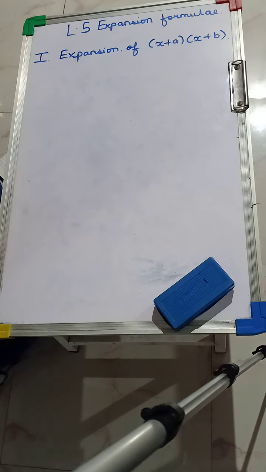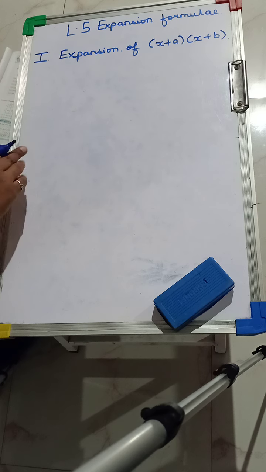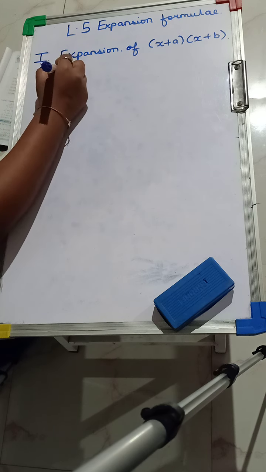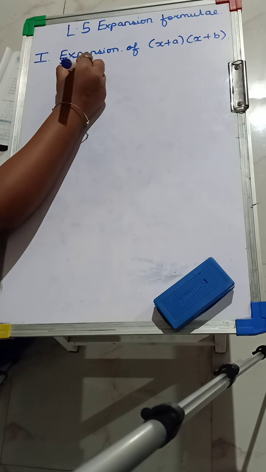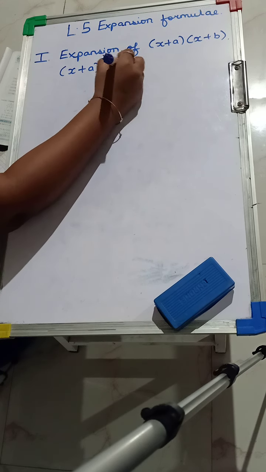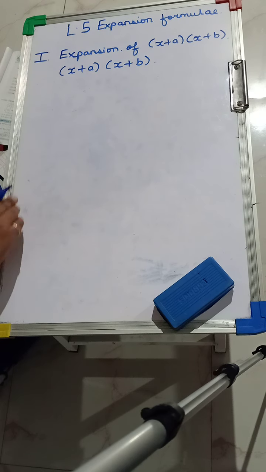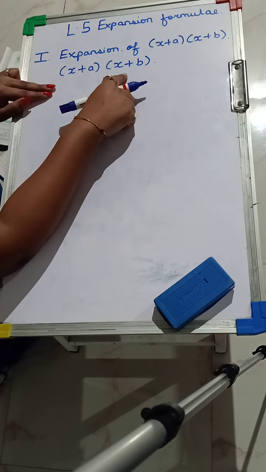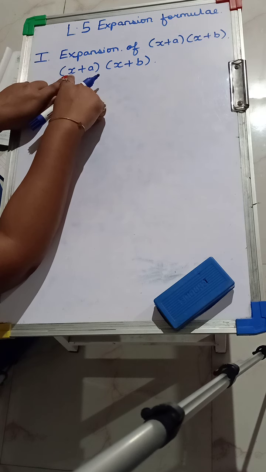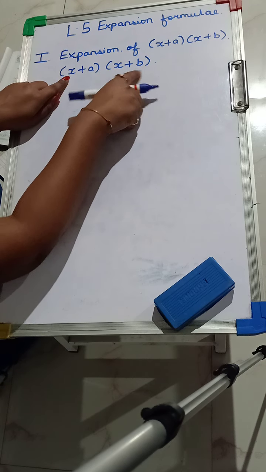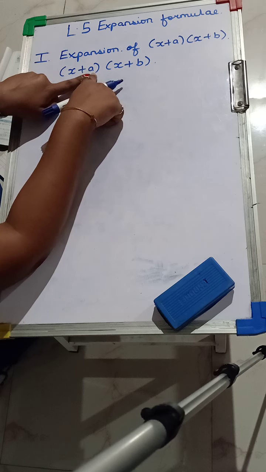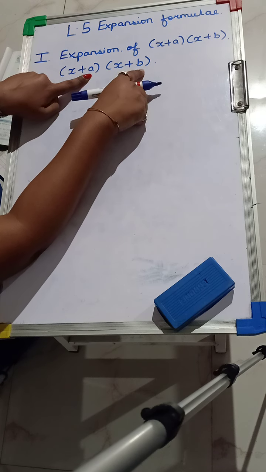We are going to do the expansion of x plus a and x plus b. We are going to take x plus a and x plus b, and we are going to solve this. You all know, when two brackets are given to us, we take x and multiply with x plus b, take a and multiply with x plus b.